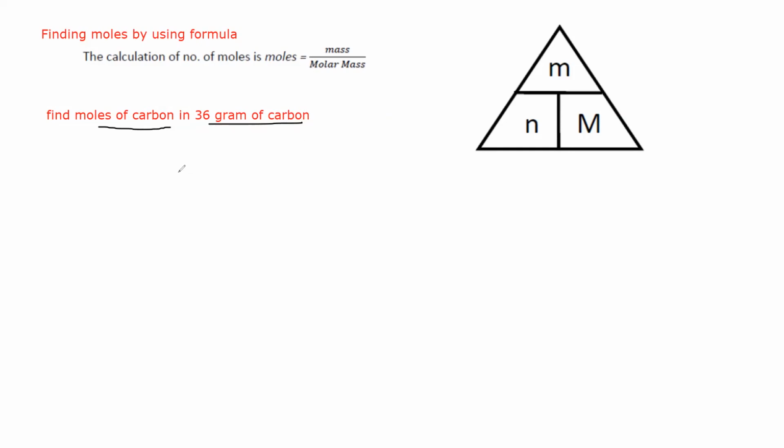That's the question. So you have the formula: moles equal mass in gram divided by molar mass. What is the meaning of molar mass? Molar mass is the atomic mass or molecular mass. If substance is an atom, it will be atomic mass.